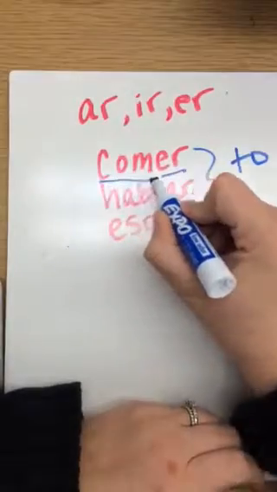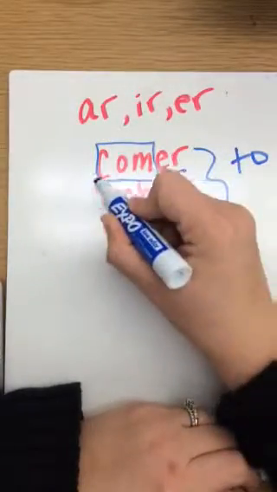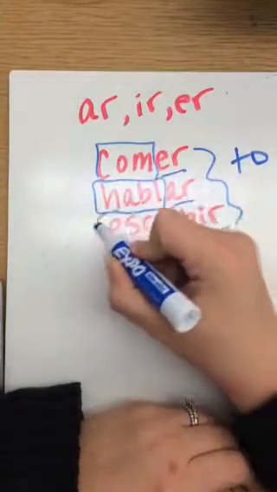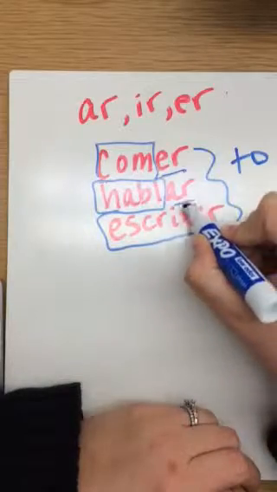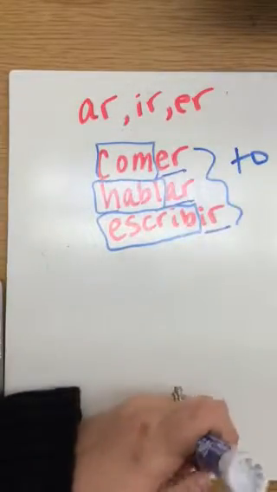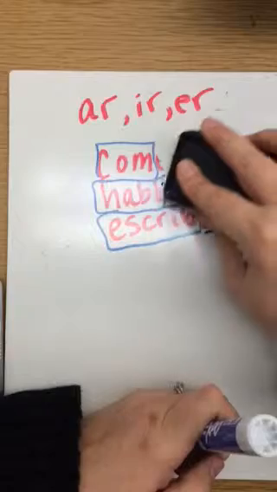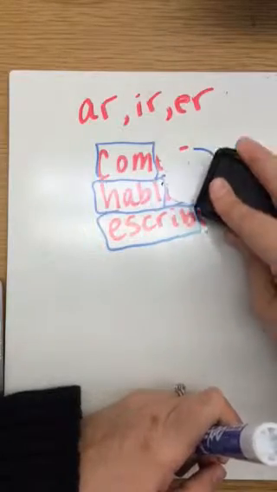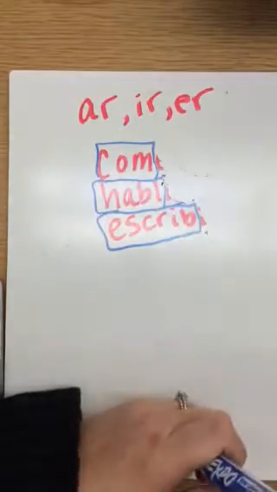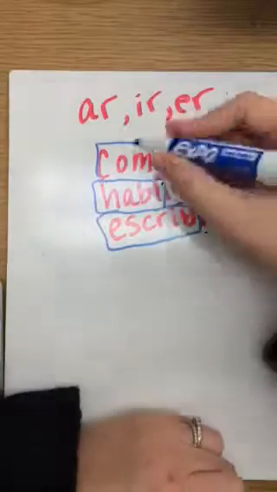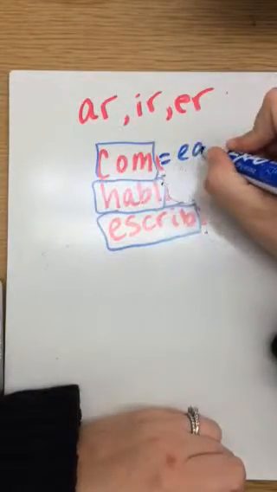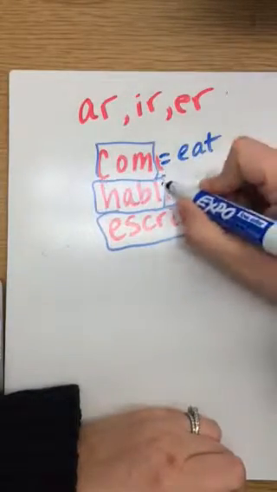It's this part of the word that we call the root or the stem. When I take away my little endings and I'm just left with the root or the stem, this is the part that gives me the actual meaning of the verb. COM lets me know that I'm talking about eating.